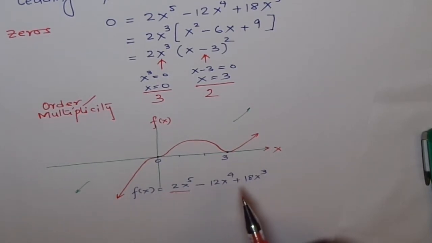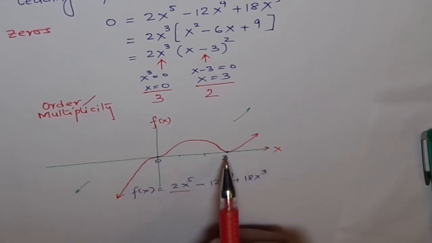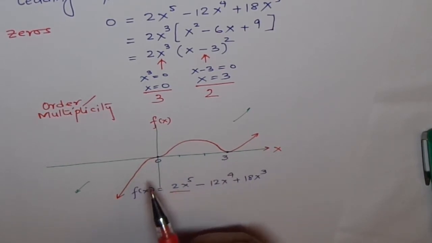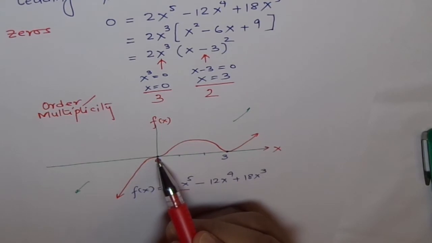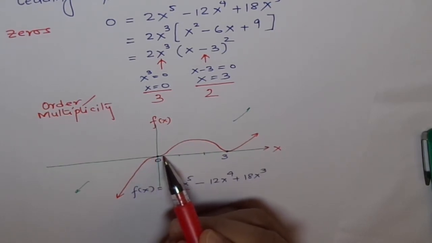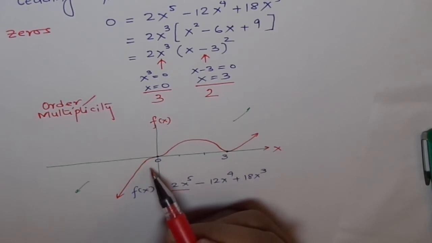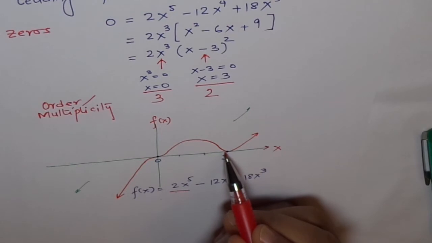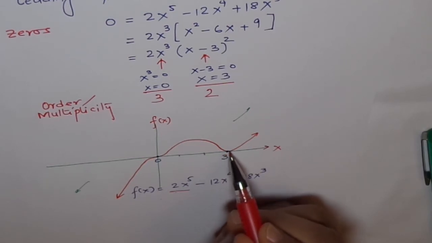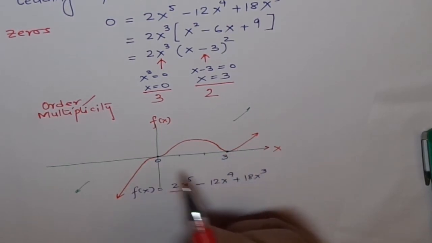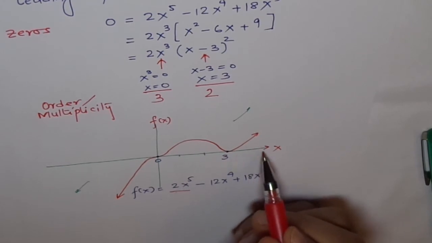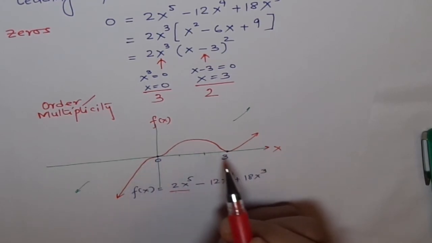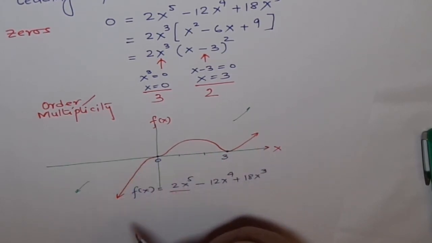Third step, most important, put the points of zeros and then draw, depending on multiplicity, how it will behave. If it is cubic, then make that curve like a cubic function. If it is a parabola type, degree 2 or degree 4, it should bounce back. If it is linear, which we don't have in this case, it will just go straight, correct? Once you do these things, then just join them up.